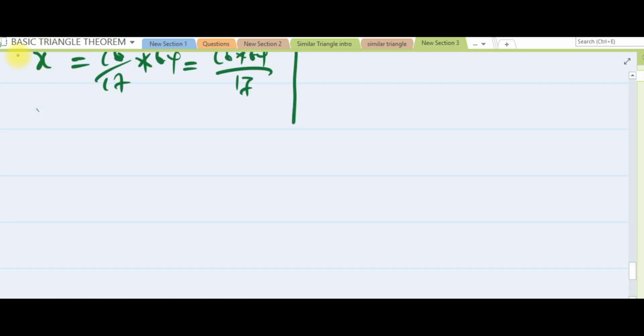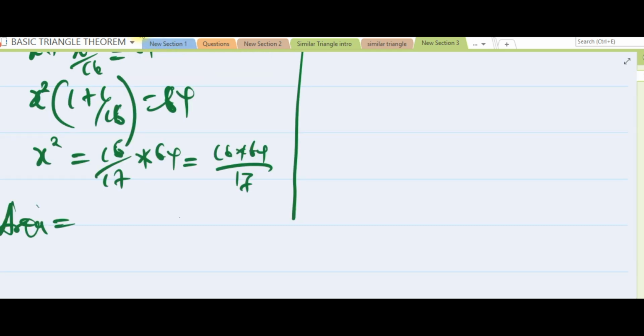Yes, x squared is the area. So area is now 16 times 64 over 17. Carrying the digits, 16 times 4 and so on, that's it.